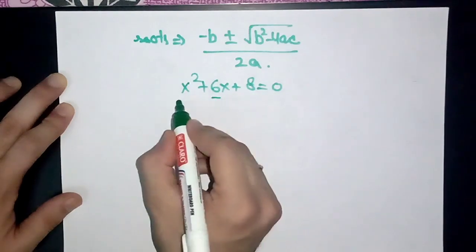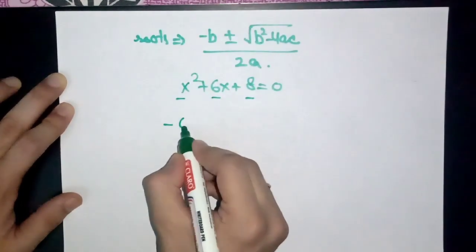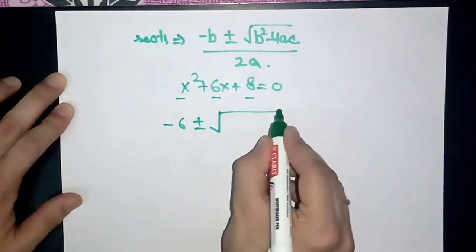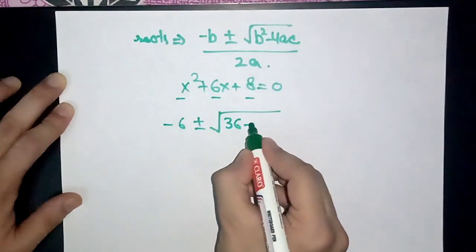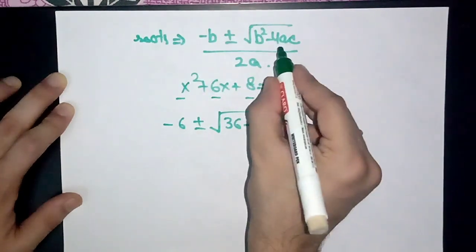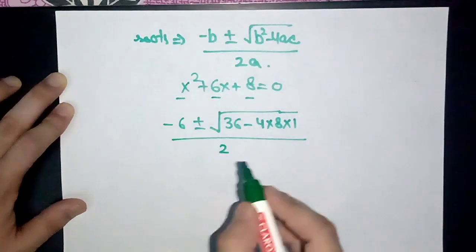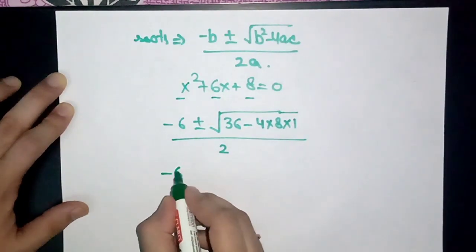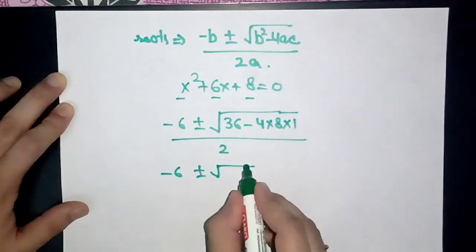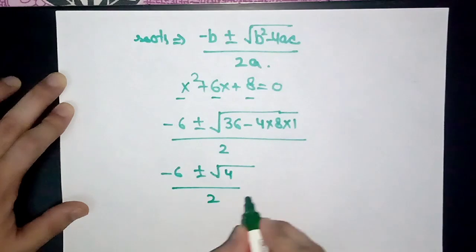So b is this, a is this, and c is this. Minus b, which is minus 6, plus minus under root b², 36, minus 4 into a into c, this is c, this is a, divided by 2 into 1, which is 2. So minus 6 plus minus 36 minus 32, which is 4, divided by 2.